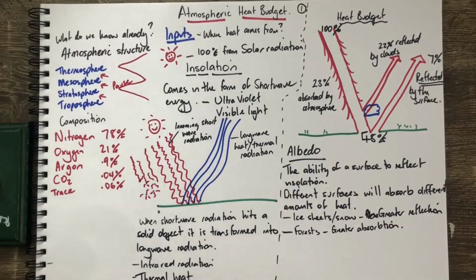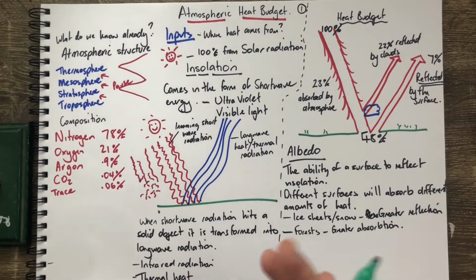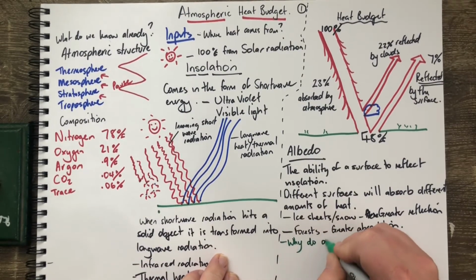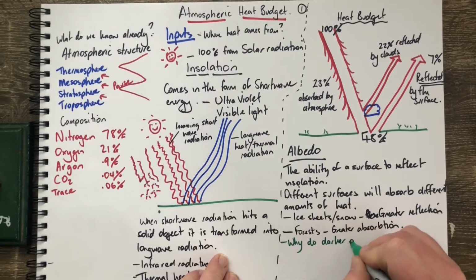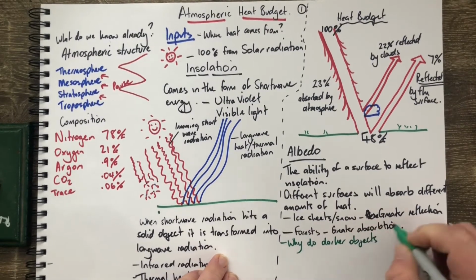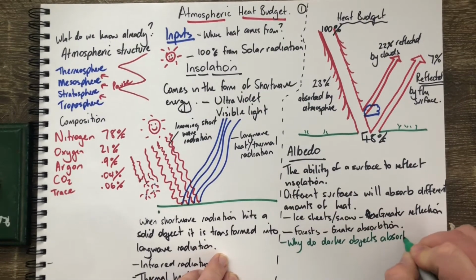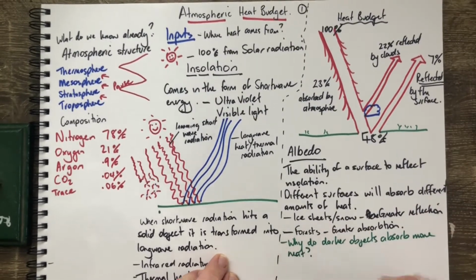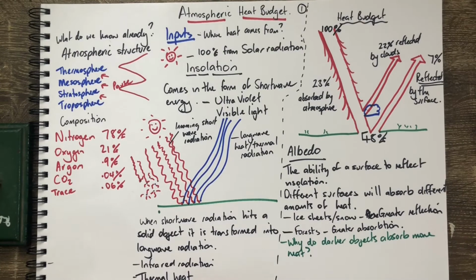So I guess you might be wondering, why do dark objects absorb more heat? Well, let's ask that question. Why do darker objects absorb more heat? Well, the answer is because they reflect less. Those darker objects absorb more of the wavelengths.